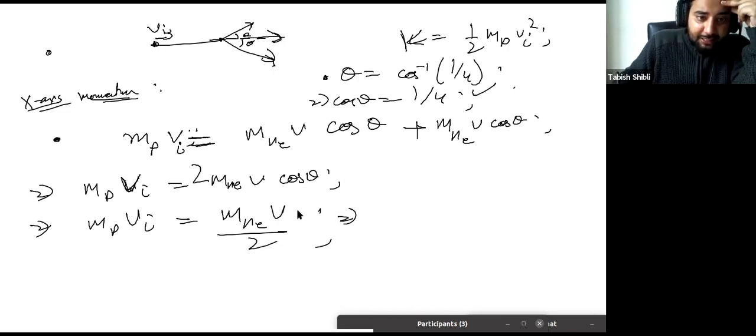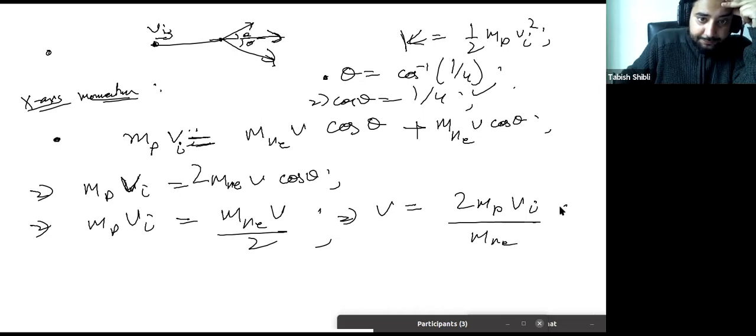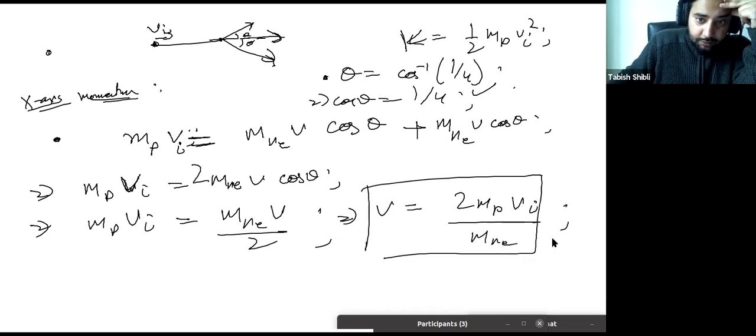So this implies your velocity of the helium would just be twice of mass of proton Vi divided by mass of helium, correct? We'll use this as equation 1.